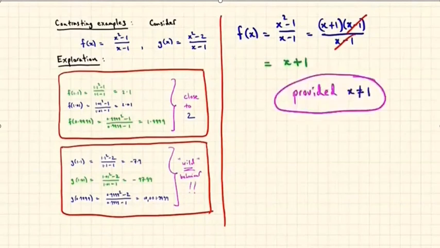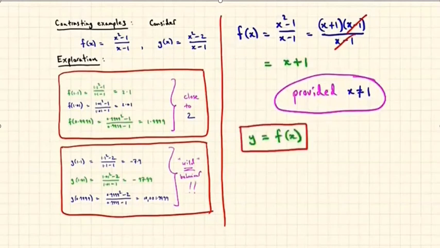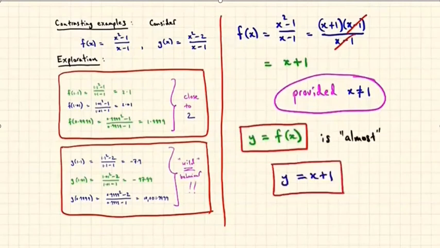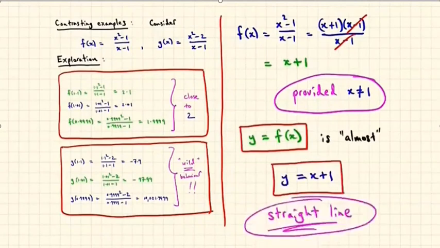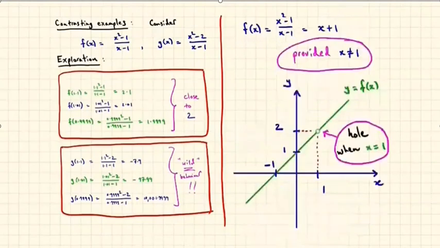Throughout, we are assuming that x doesn't equal 1. So the rule y equals f(x) is almost exactly y equals x plus 1, the rule of a straight line. The only thing missing is a tiny hole, since the rule for f prohibits an input of x equals 1.